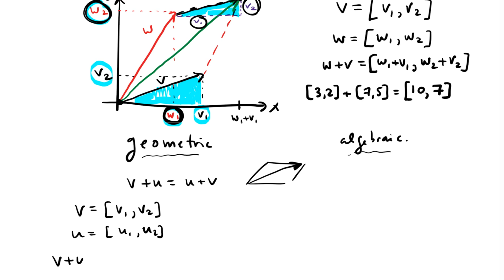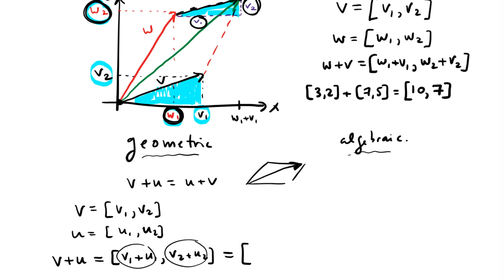So if I look at v plus u, I know that all I need to do is add the components of the two vectors: (v1 plus u1, v2 plus u2). And what's interesting is that the components are real numbers. So v1 is a real number, v2 is a real number, u1 is a real number, u2 is a real number. Real numbers commute, right?